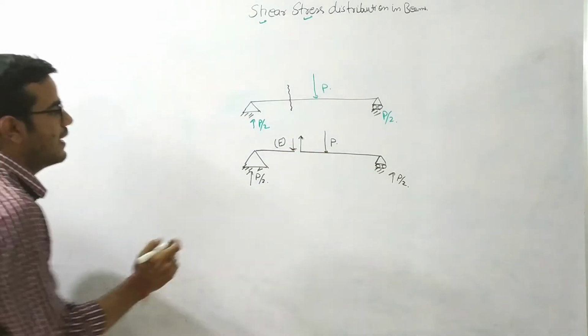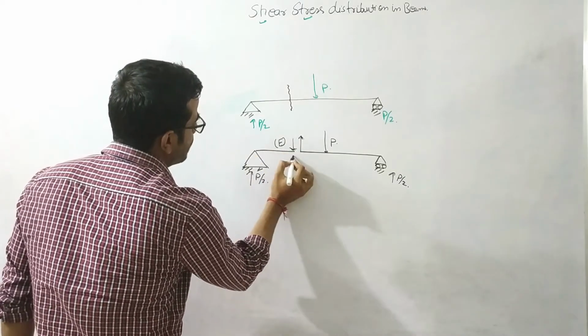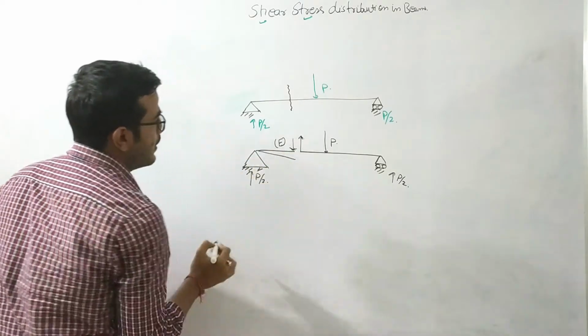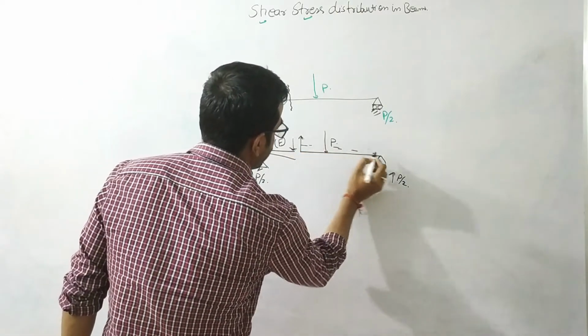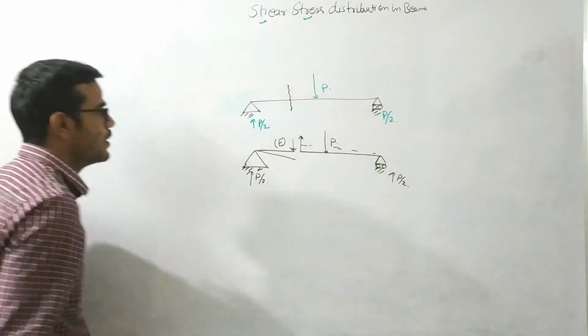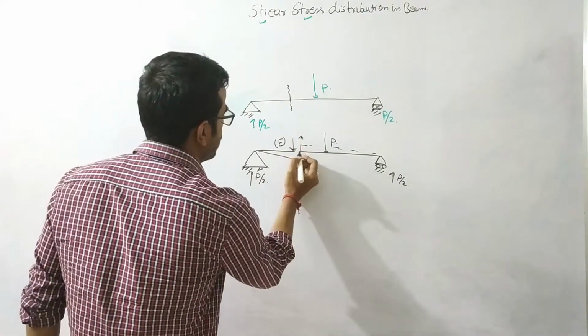Here you can see that this force will try to move this member downward, and this force will try to move this portion upward. So basically this force is trying to shear the beam at this portion.